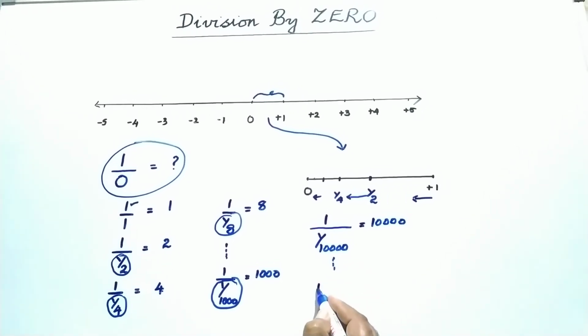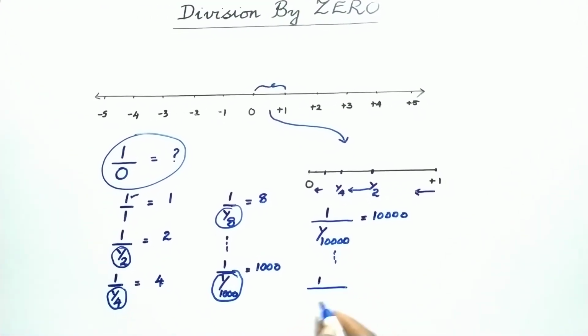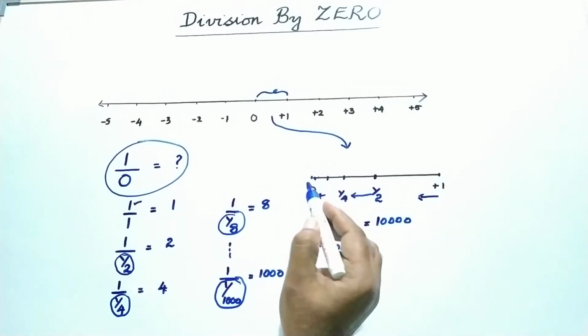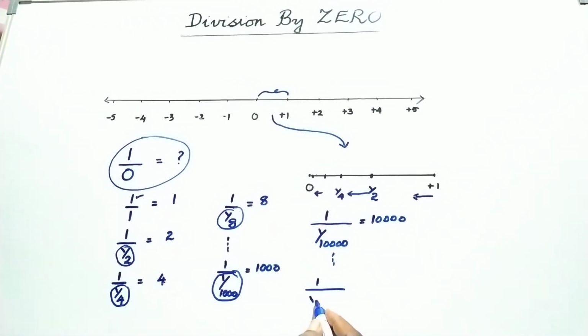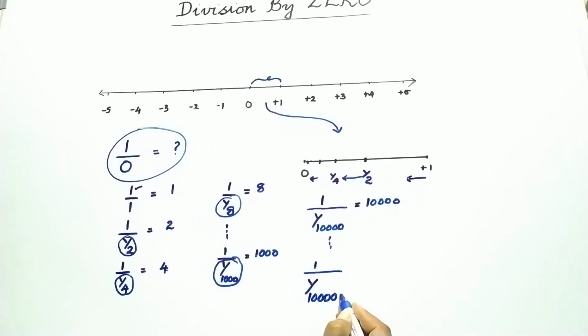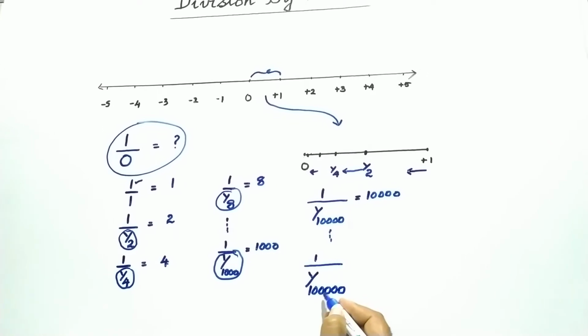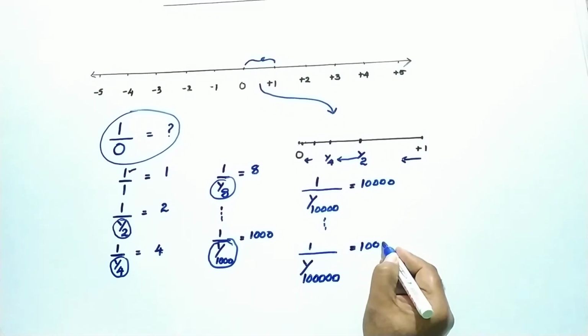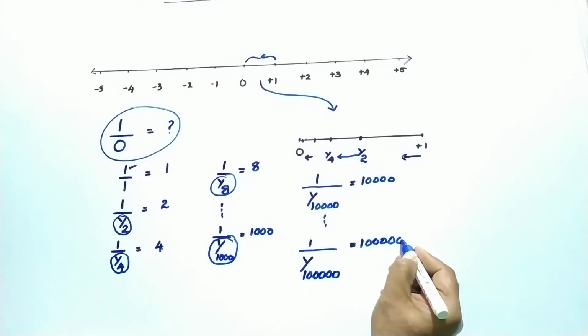And if I continue and come very near to 0, it will be somewhere here. It is not exactly 0, but near to 0. 1 divided by 1 lakh, then the answer will be equal to 1 lakh.